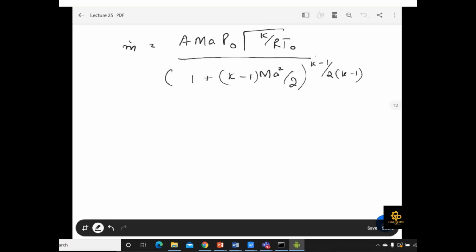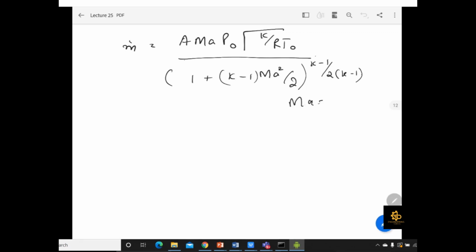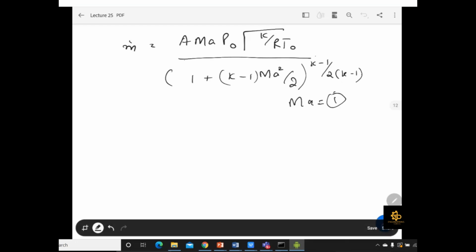Similarly, if we have to find the maximum mass flow rate, I already told you the maximum mass flow rate is at the throat, where the Mach number is 1. So if we simply put the Mach number equal to 1, we get the maximum flow rate, and at Mach number 1 the area is A star, the critical area, or you can say the throat area.